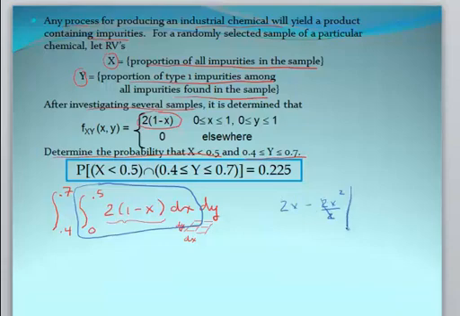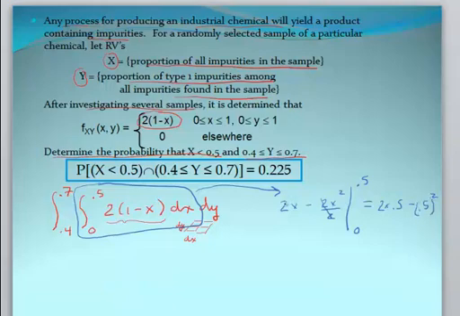And we'll evaluate it between 0 and 0.5. So I'm just doing this part on the inside, and that should end up being 2 times 0.5 minus 0.5 squared.